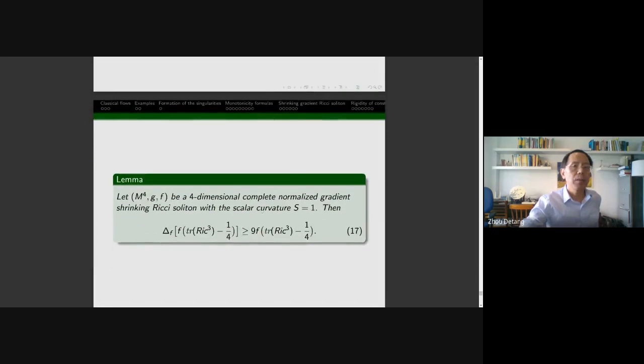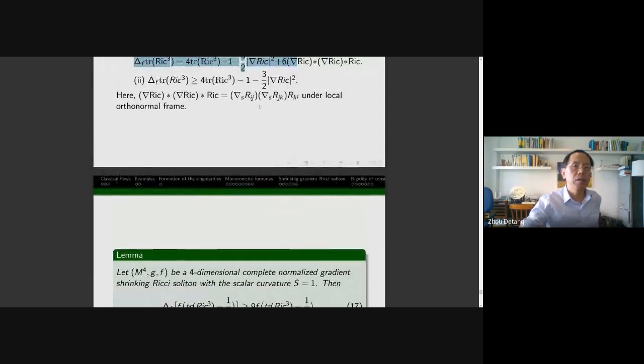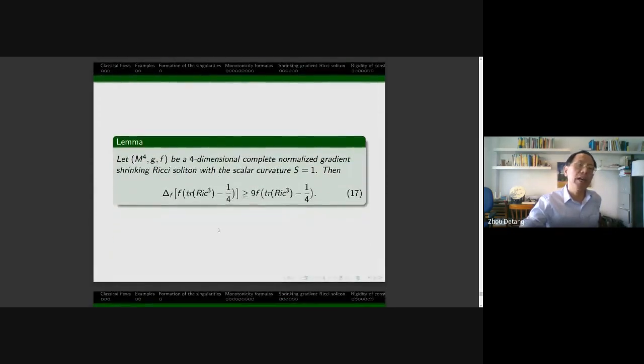So to compute this one, the most difficult one is to estimate this one. But fortunately, using the idea to decompose the curvature using the relations above, we can prove this simple equality.